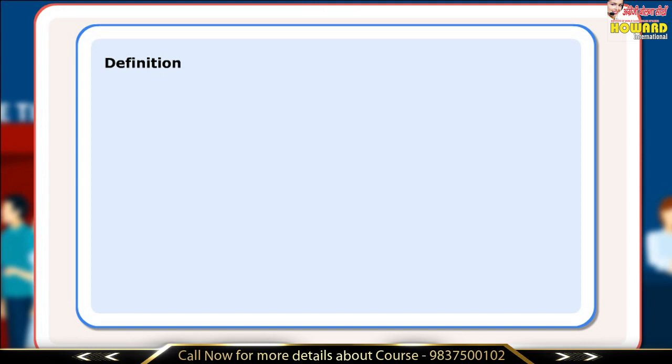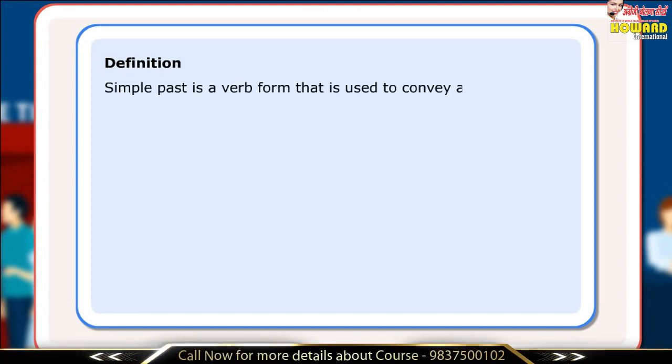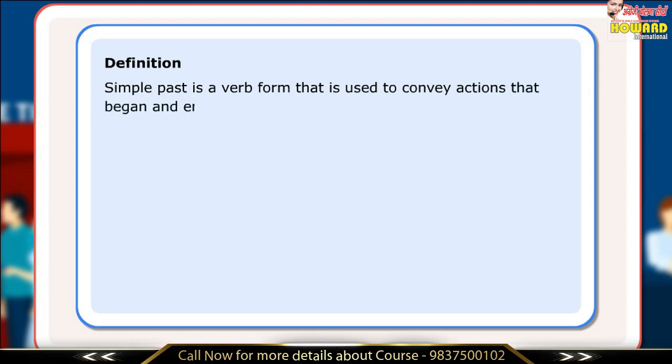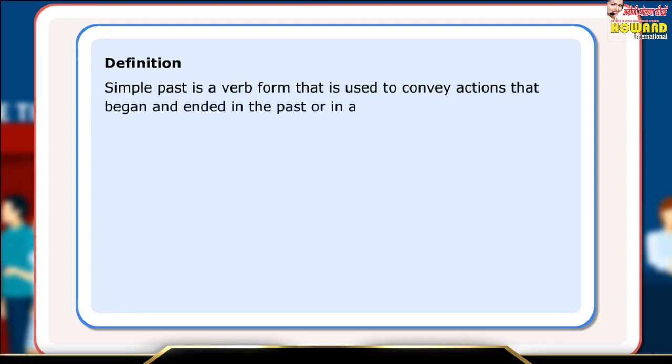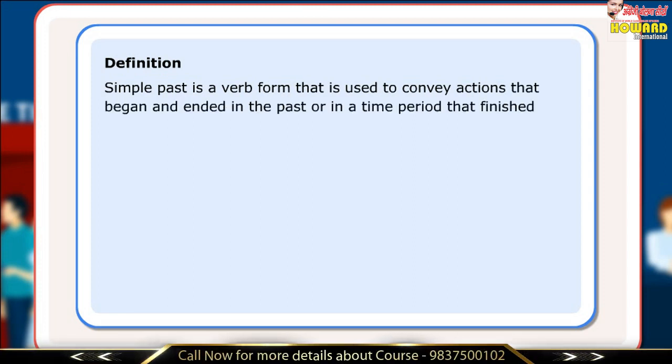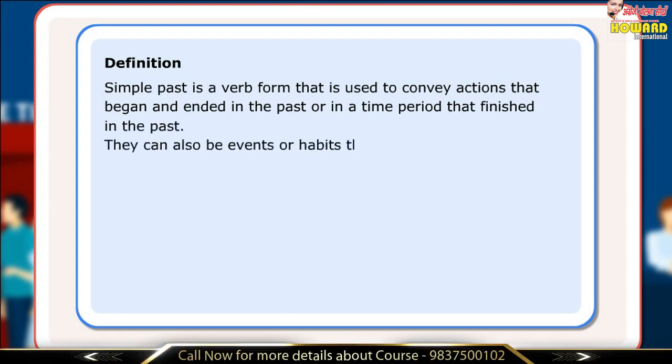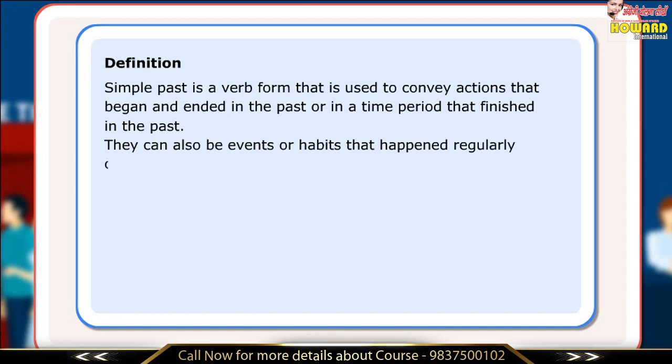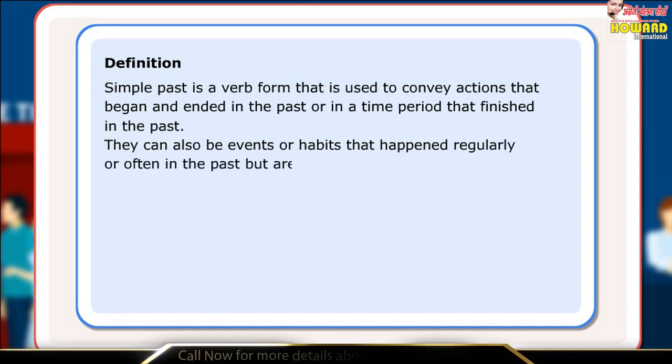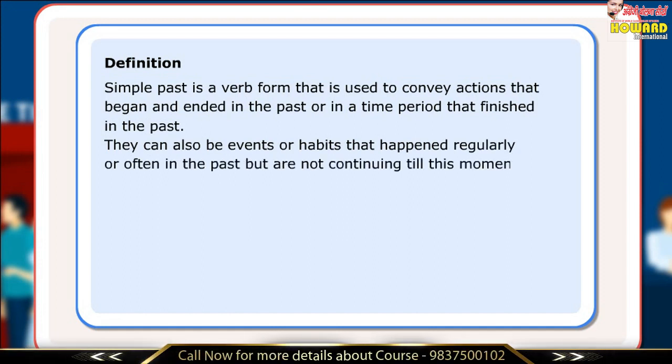Definition. Simple past is a verb form that is used to convey actions that began and ended in the past or in a time period that finished in the past. They can also be events or habits that happened regularly or often in the past but are not continuing till this moment.